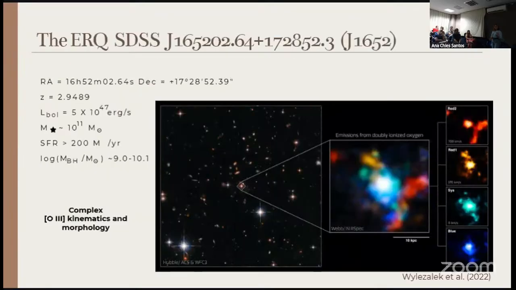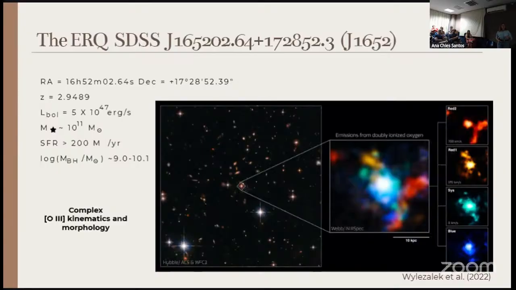So this case, J1652, is a well-known quasar at redshift 3. It has been studied extensively with James Webb and the Hubble Space Telescope. This quasar is located at redshift 2.9, almost 3.